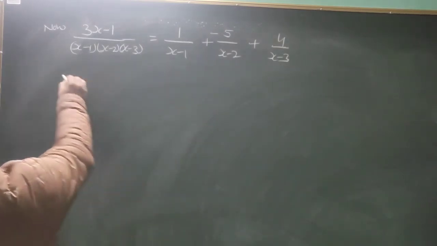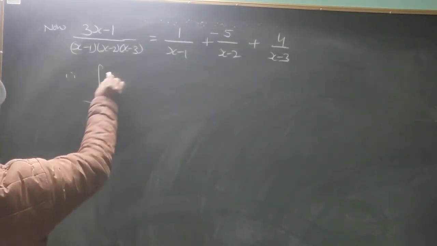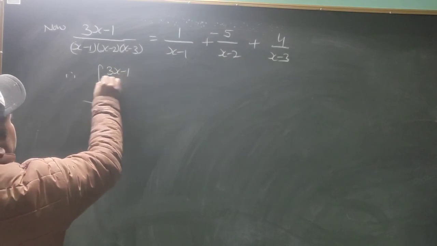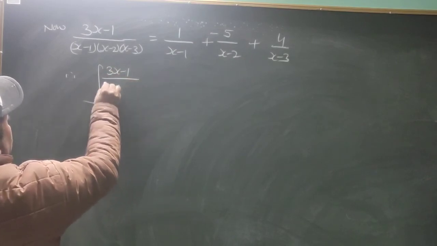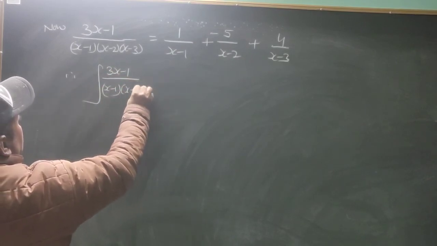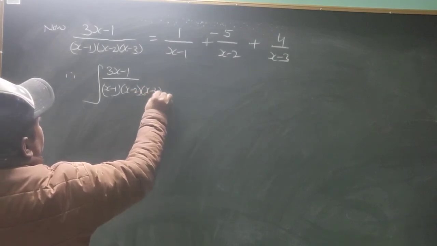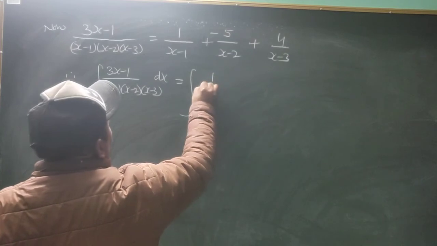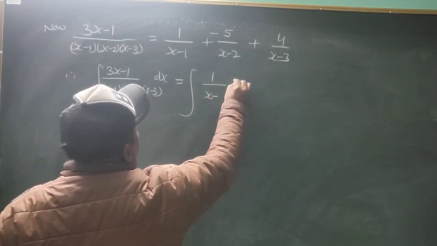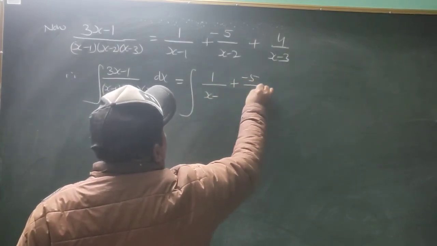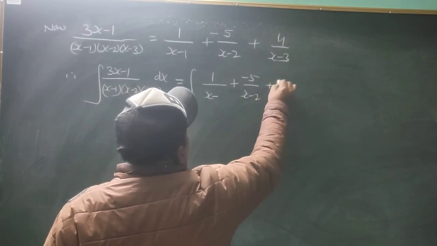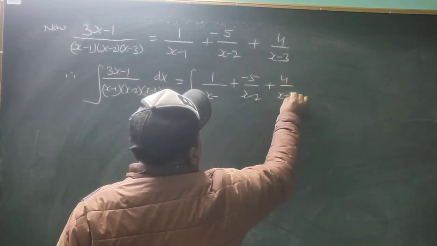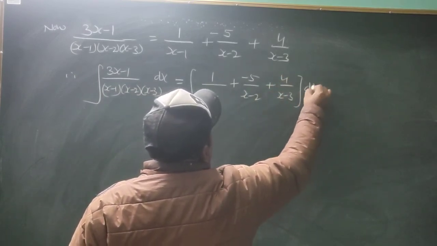Now the integration of 3x minus 1 upon x minus 1 into x minus 2 into x minus 3 into dx is equal to the integration of these fractions, 1 upon x minus 1 minus 5 upon x minus 2 plus 4 upon x minus 3, into dx.